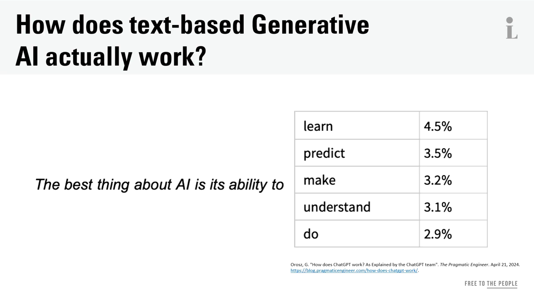In this case, it says that "learn" is 4.5% likely, so perhaps that is what it would go with. But it shows that based on its training, on the sources from books, newspapers, articles, and so on, that's what it's using to construct these percentages, the statistics behind its choices.